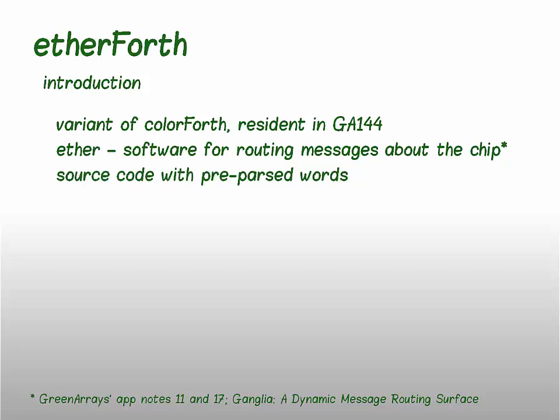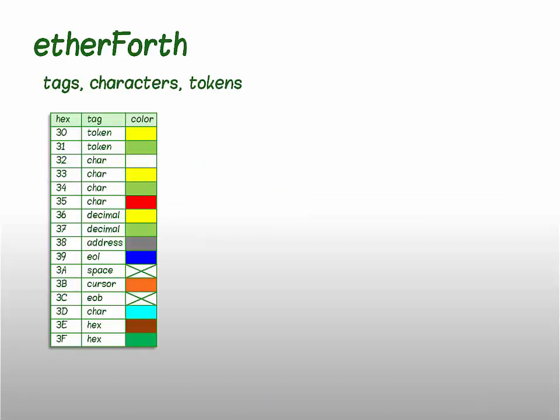In contrast to classic ColorForth Shannon-coded characters, Etherforce uses 6-bit characters preceded by a 6-bit tag. It also uses 6-bit tokens to indicate F18 instructions. There are already some modifications made to tag and token assignments, so this table is slightly different from the original.